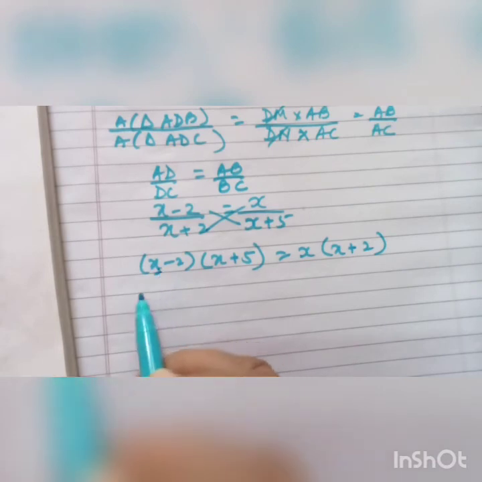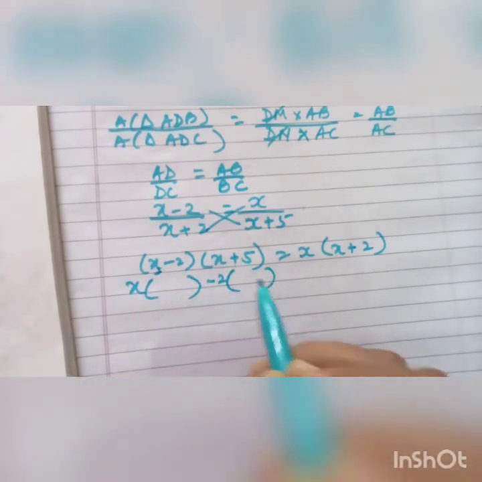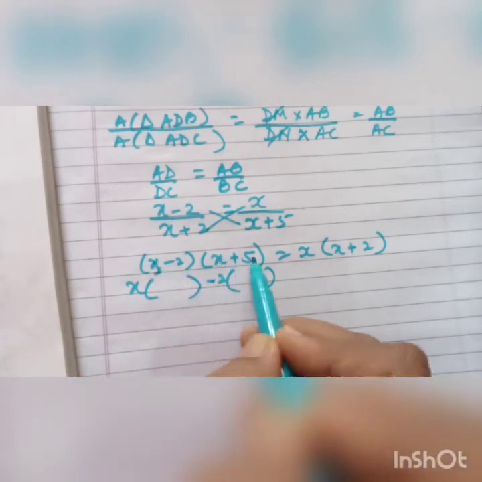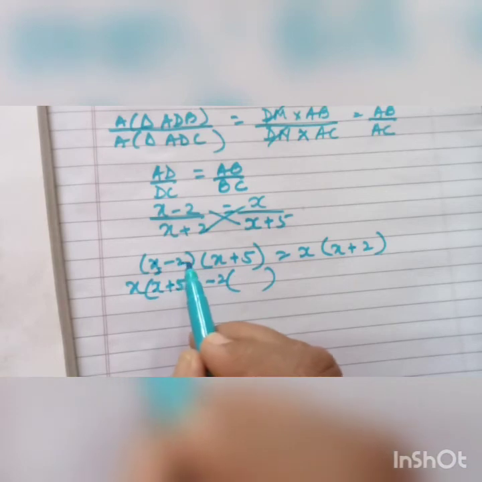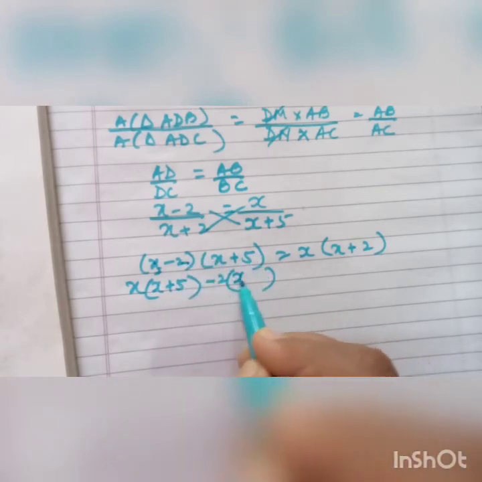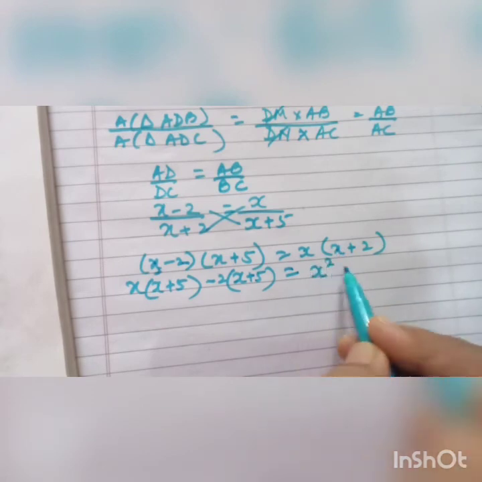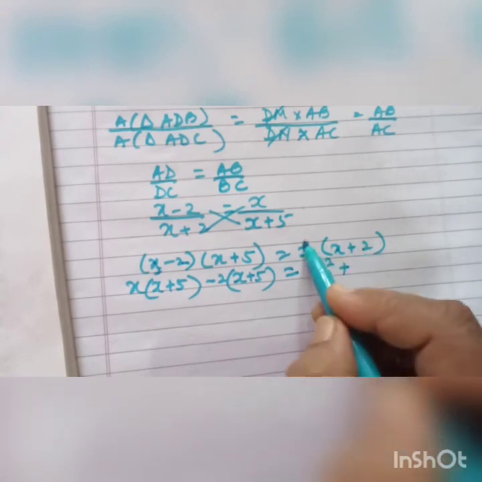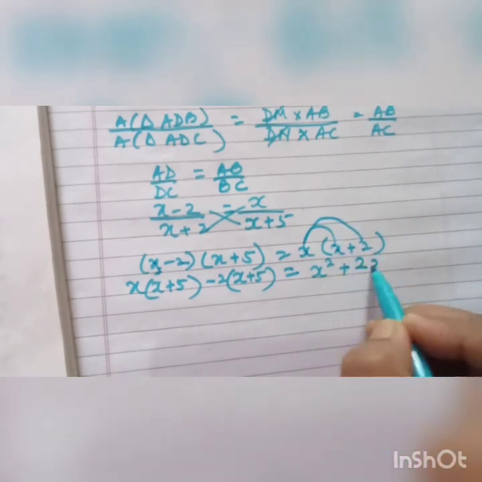So first term into the whole bracket, second term into the whole bracket. First term X into whole bracket, X plus 5, minus 2 into the whole bracket, X plus 5 is equal to X into X is X square plus X into 2 is 2X.